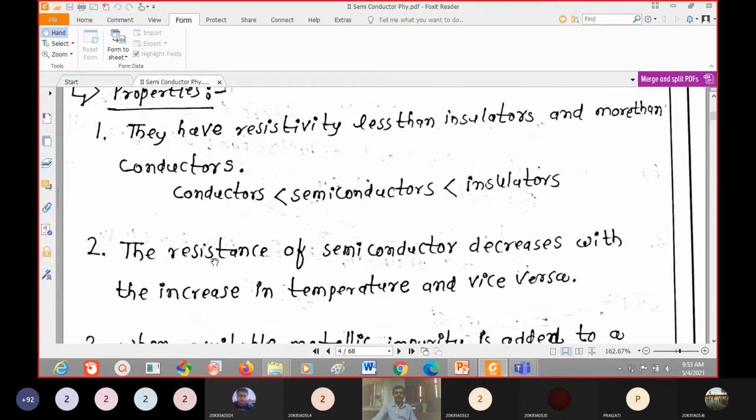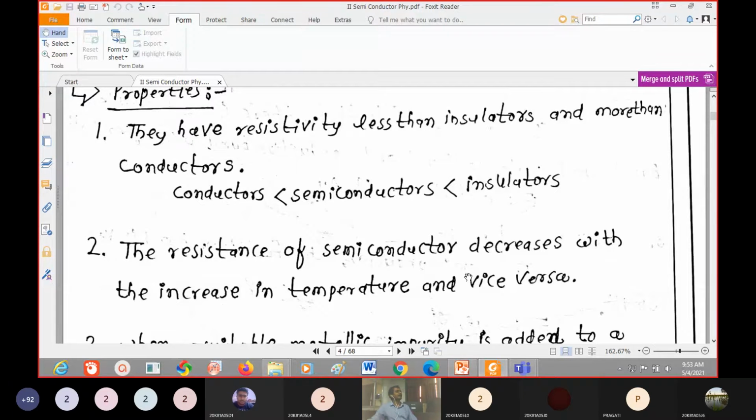The next property: the resistance of a semiconductor decreases with increasing temperature and vice versa. If you increase the temperature of a semiconducting material, the resistance decreases, that is, conductivity increases.